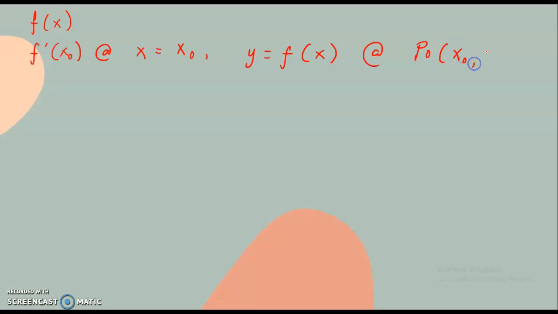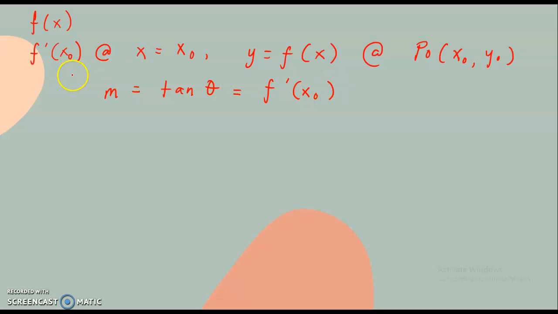If the function f of x has a finite derivative f prime of x sub 0 at x equal to x sub 0, the curve y equals f of x has a tangent at P sub 0, (x sub 0, y sub 0), whose slope is m equals tangent theta, which is equal to f prime of x sub 0.